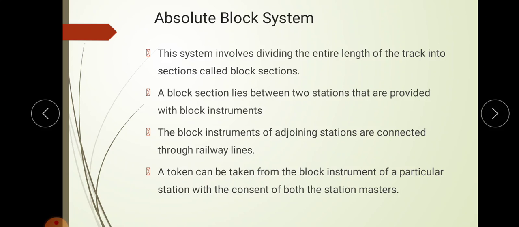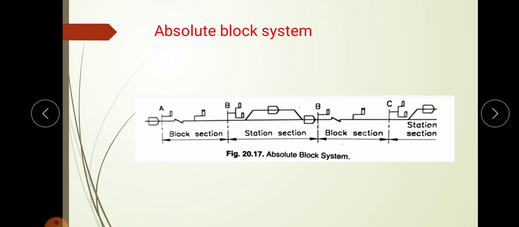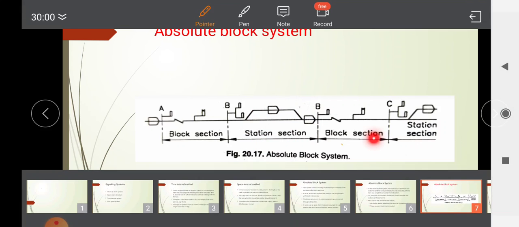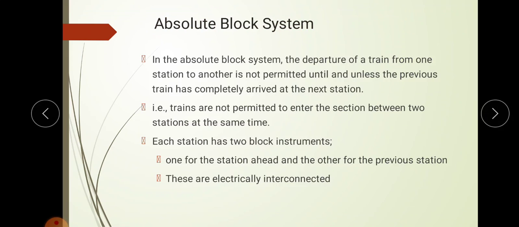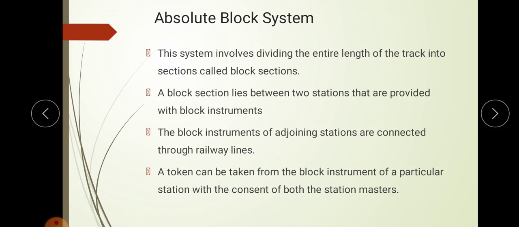So the entire railway track is divided into block sections, and in between two block sections there will be a station. So there will be a block section, then a station section, then again a block section, then a station section, like that. Our railway track is divided into different blocks.